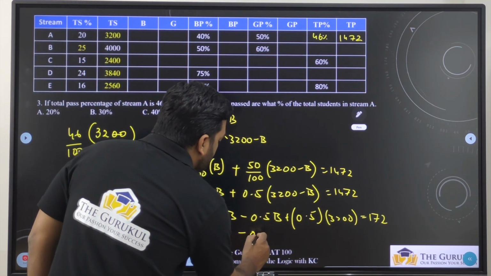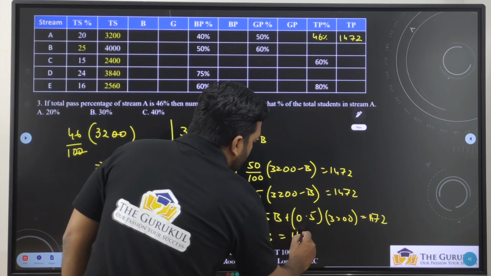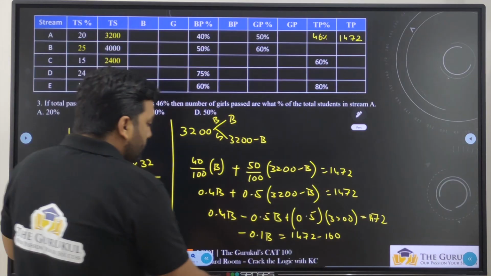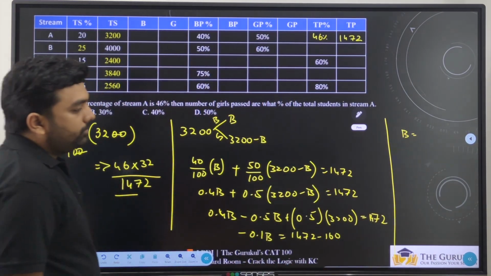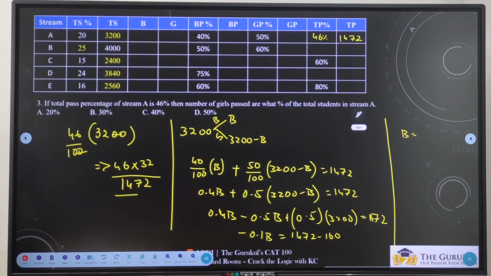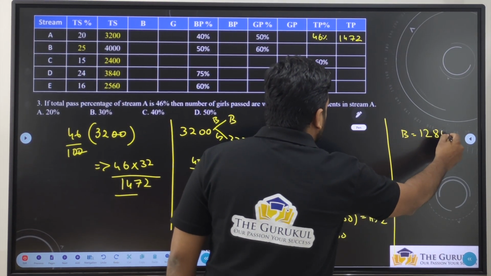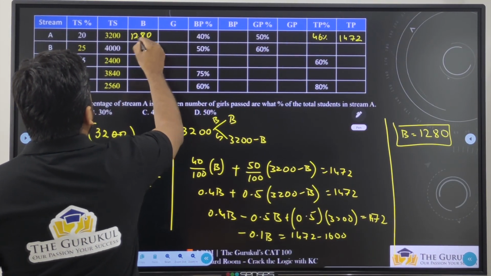So minus 0.1B is equal to 1472 minus 1600. So if I find out B value, B equal to how much? Perfect. B equal to 1280. That is number of boys, 1280.